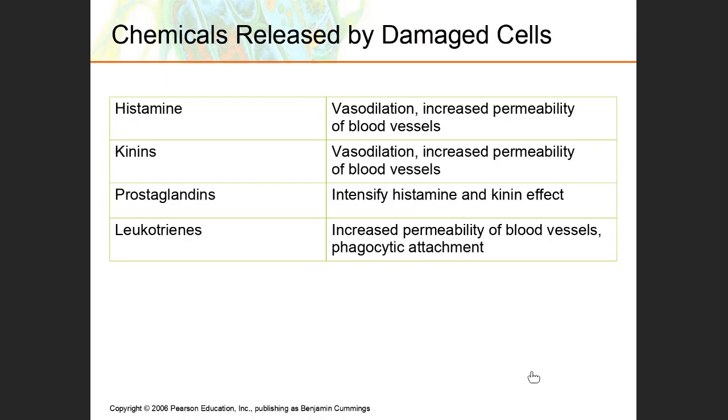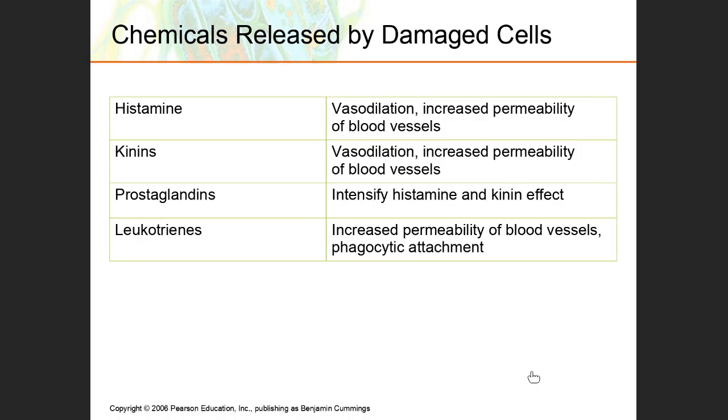Some of you may be familiar with histamine. If you have allergies like I do, springtime can be really bad because our immune system is releasing a lot of histamine, and it's inappropriate, right? Pollen is not dangerous, but it's an overreaction by the immune system. Same thing with leukotrienes.